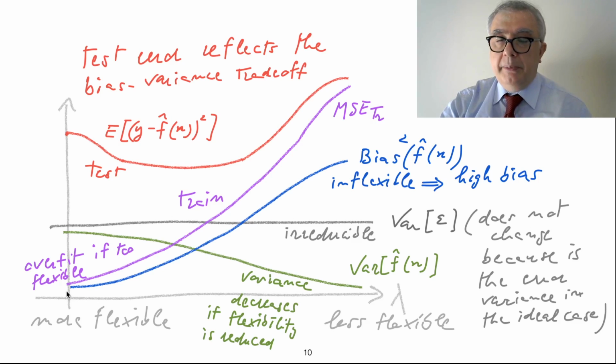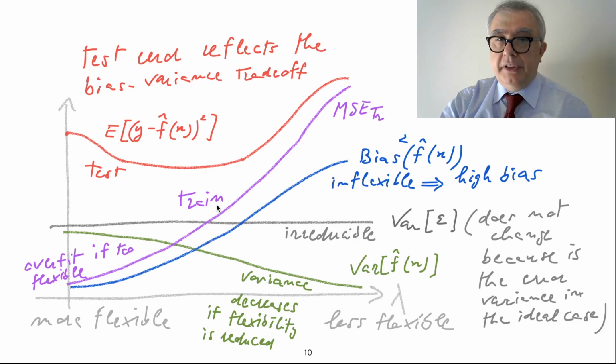When I am more flexible, I can follow the response function and the regression function, for instance, and of course I have little bias, but if I reduce flexibility, the price to pay is that bias will increase.